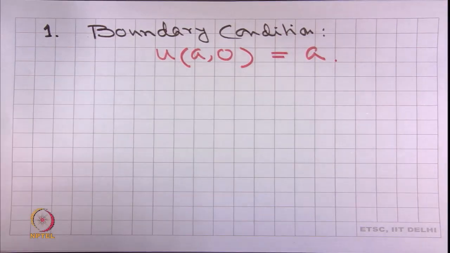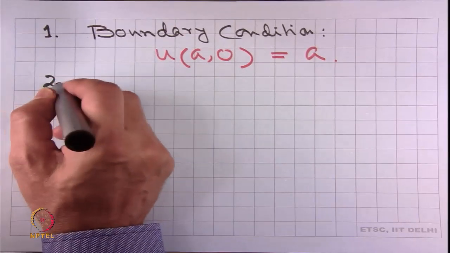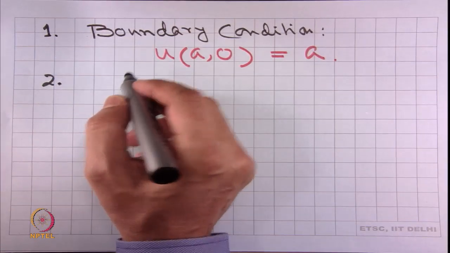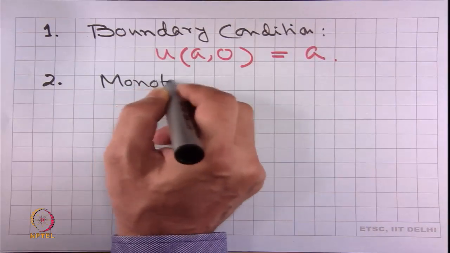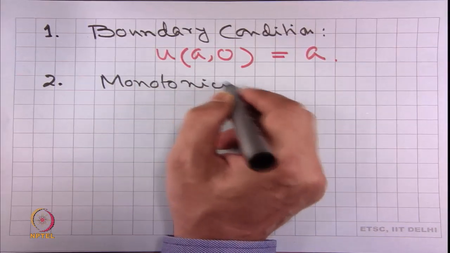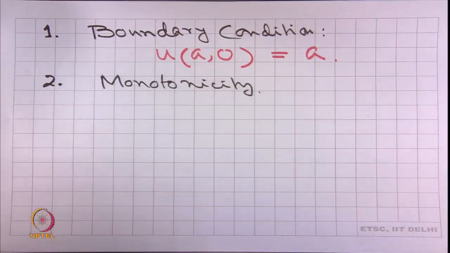If we understand that, then we go to the second property, which is called monotonicity. What is that?